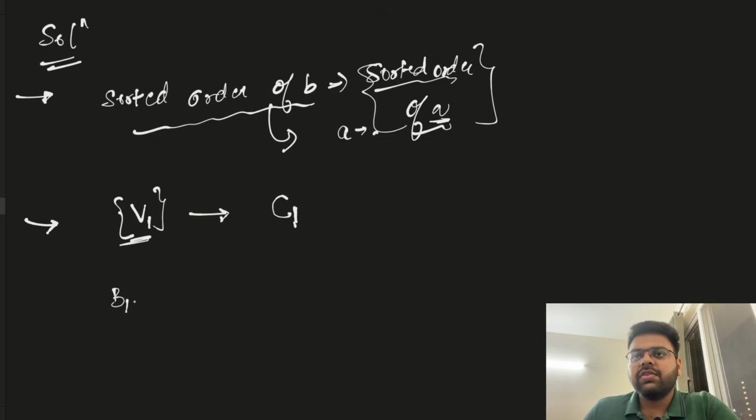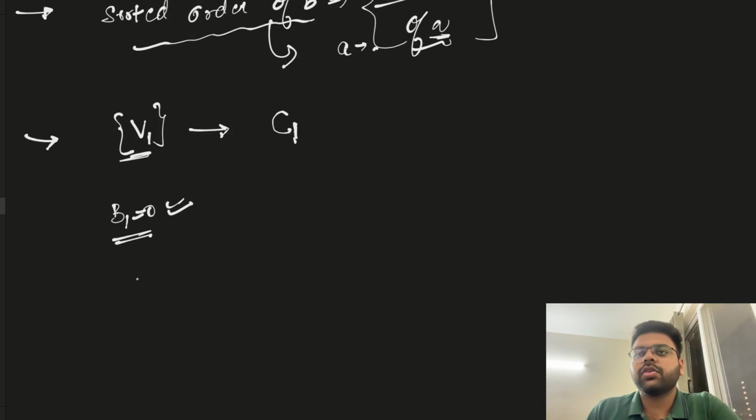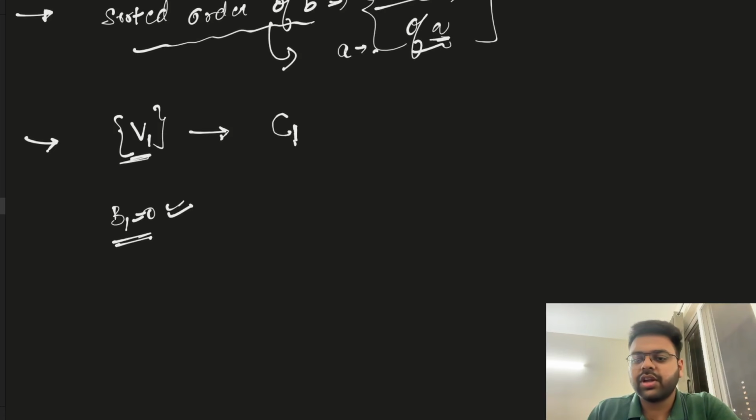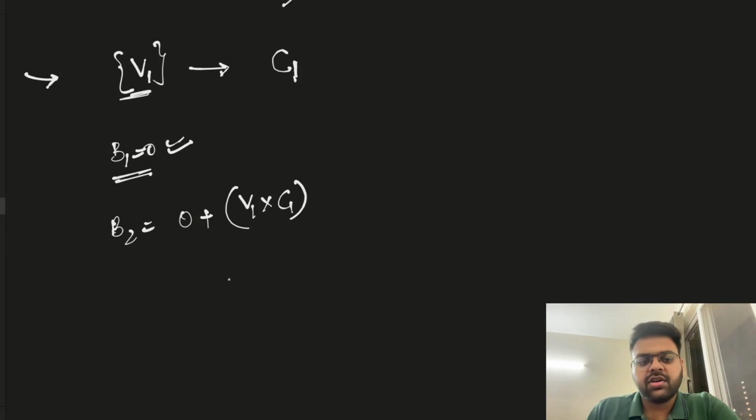So we know that b1 would always be 0. This is the base, because the first element v1 is the smallest, so b1 would always be 0. Now b2 would be equal to 0 plus v1 times c1. We can define b2 like this.